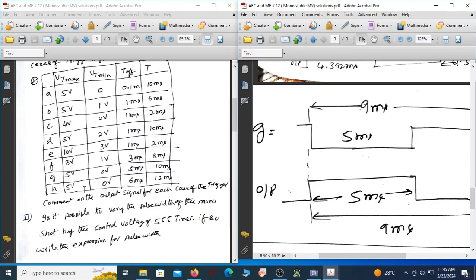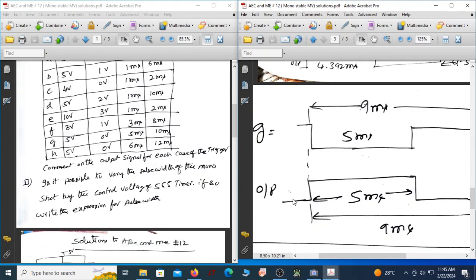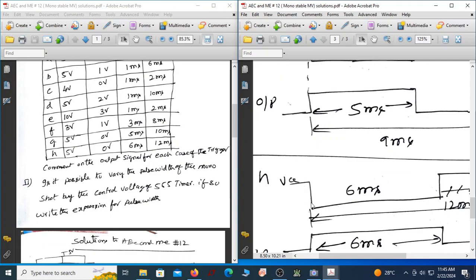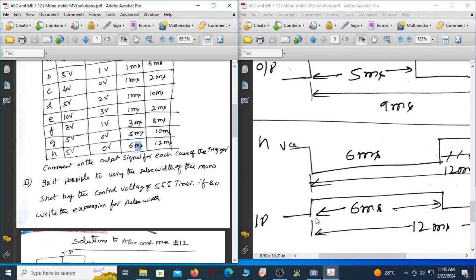Let us see the last one. In this case, the trigger signal is between 5 and 0, but the off time is 6 millisecond and the period is 12 millisecond. Since the off time is more than the pulse width and it is not passing through the signal conditioning circuit, the output is also 6 millisecond.